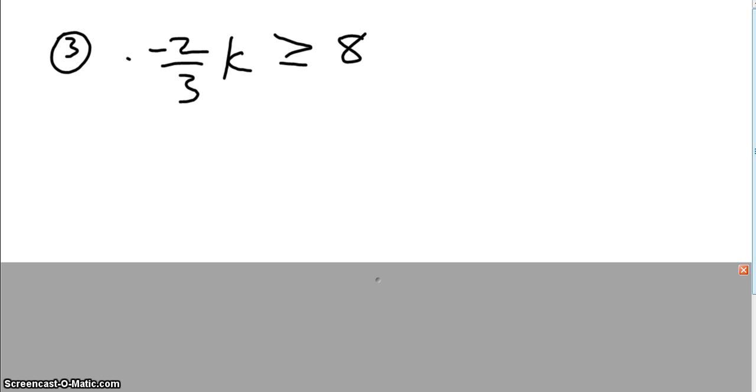Who remembers the one step we can use to get this isolated? Turn to your neighbor and tell him what it is. Okay, who has it now?